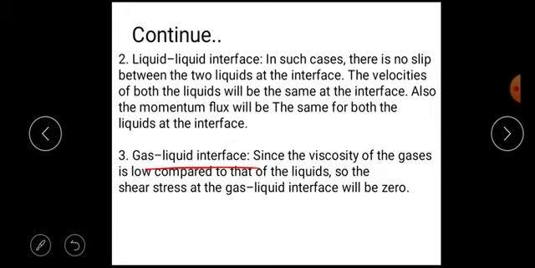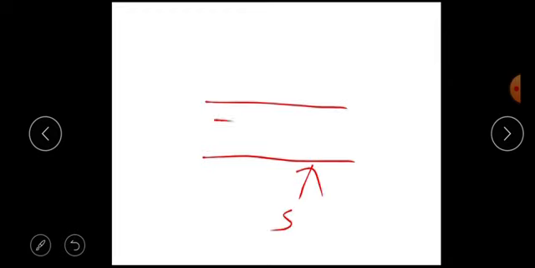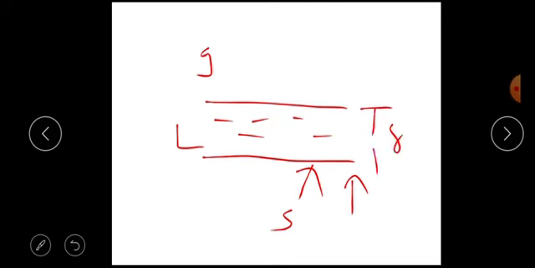What we are trying to say is, let us consider this is the solid surface, this is the liquid, and here is the gas. So at a liquid solid interface, let us say the distance between these is delta. At y is equal to 0, velocity of the fluid is 0, as the solid surface is stationary.